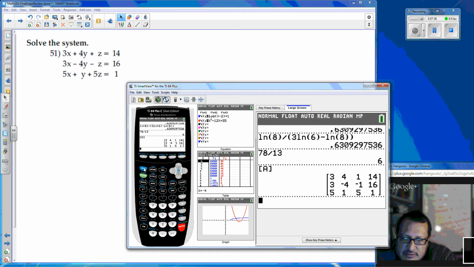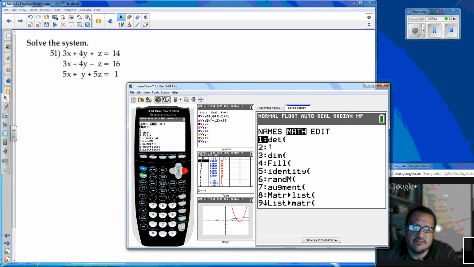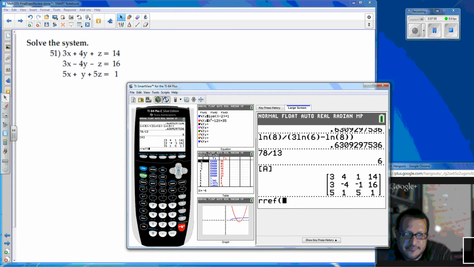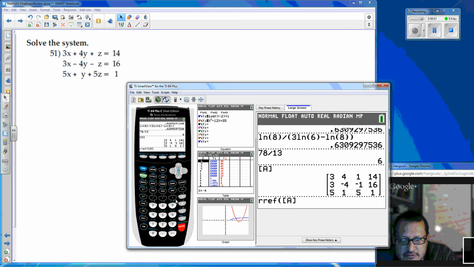So now what we're going to do is go to second matrix. Now we're going to go to the math part right here. So we go over 1 to math. It's faster if you go up. So I just go up to rref, B, rref. This is reduced row echelon form, and we just press in A, enter, close that, and press enter.